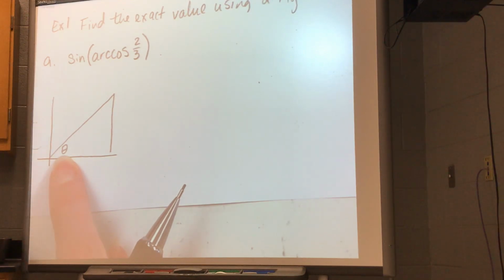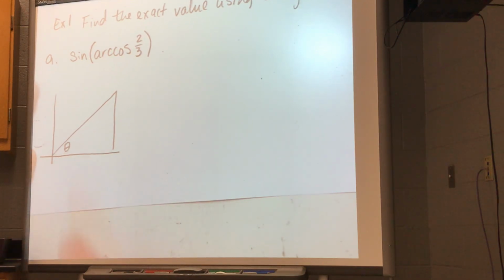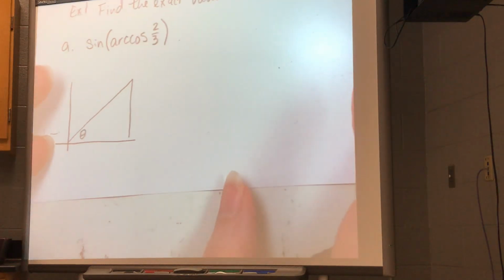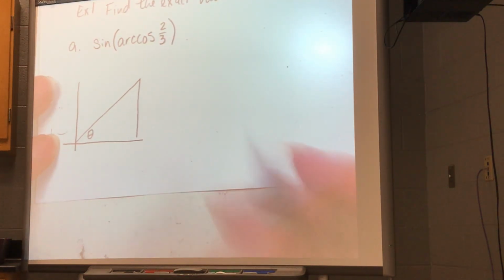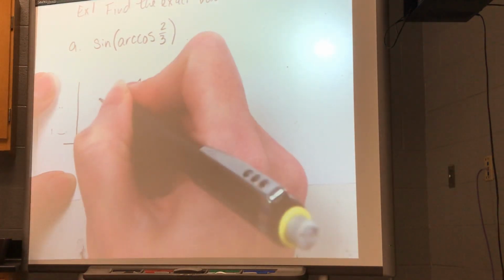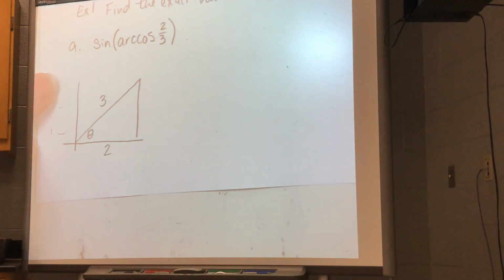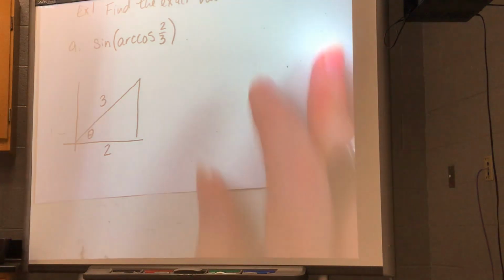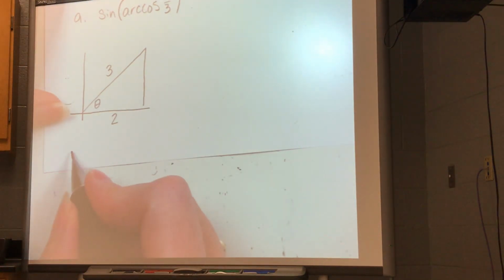So if there's a cosine of 2/3, what sides do we know? The adjacent and the hypotenuse. Now, can we find the third side? Definitely. The third side, we're just going to call it b.